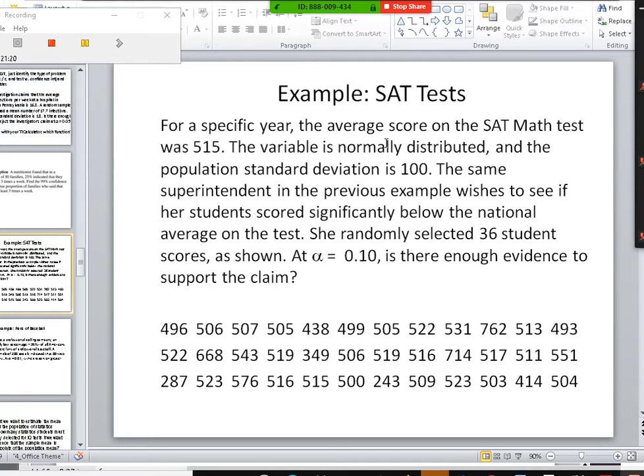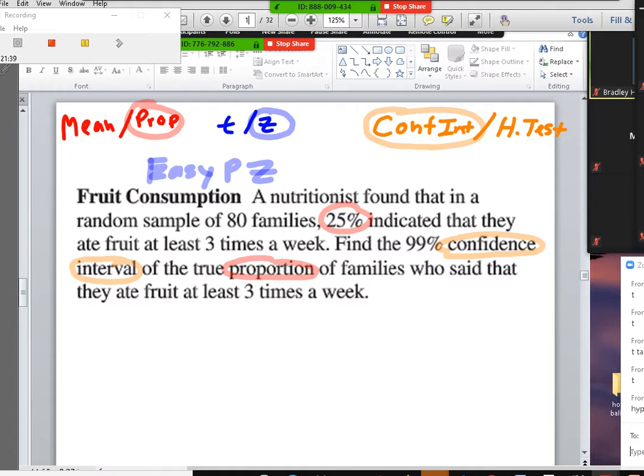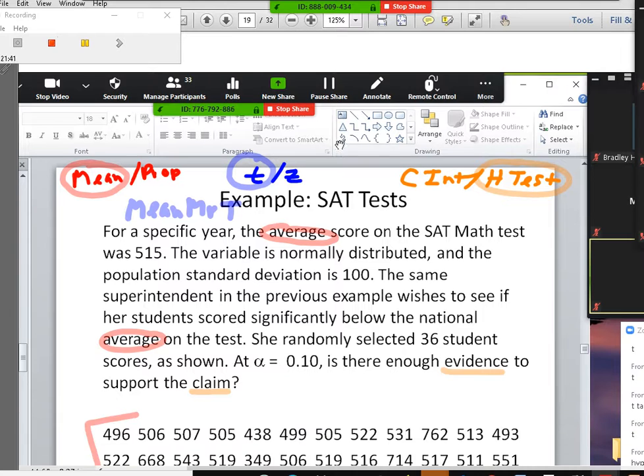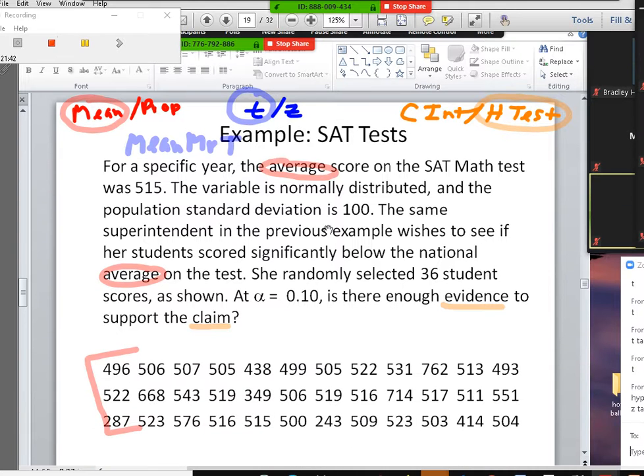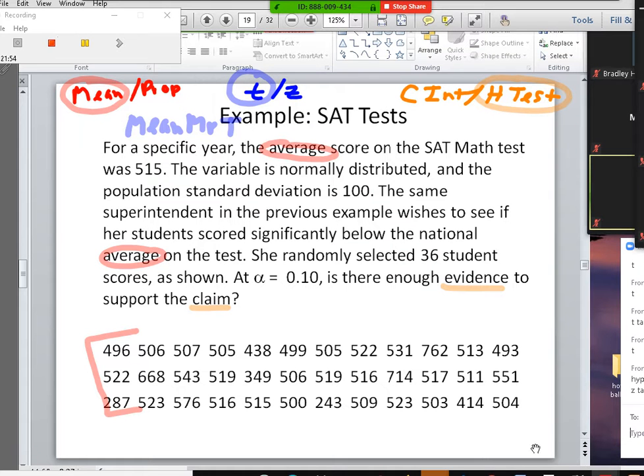And is it a hypothesis test or confidence interval? Yep, hypothesis test, because nowhere is the word estimate or confidence interval. Also there are things about evidence and claim, and those will only go with hypothesis tests. Okay, so good.